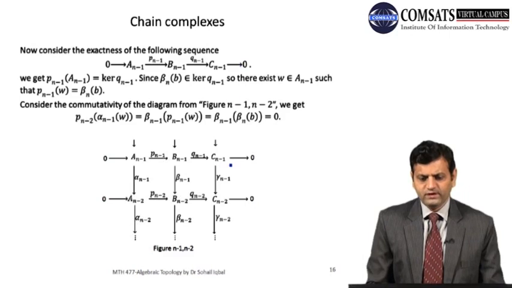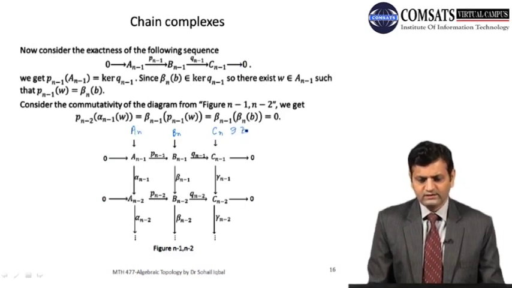Now let's see what we have so far. We have Cn over here, we have Bn over here, we have An over here. There is z in Cn, and there is b in Bn, and there is Qn over here, such that Qn of b is equal to z.